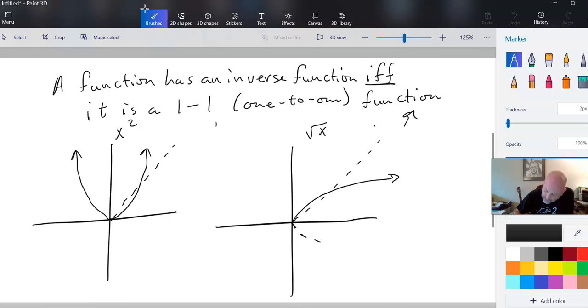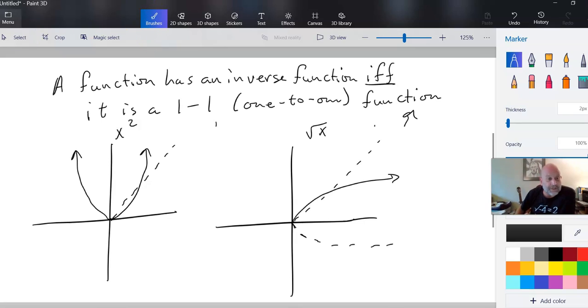Because I would have to put this bottom part in there, and that would make it not a function. So that's one of the geometric consequences. First of all, they always have this symmetry. Second of all, the symmetry allows us to test ahead of time whether something is a one-to-one function and consequently whether it has an inverse. So that way you can know whether it's worth your time to compute one.